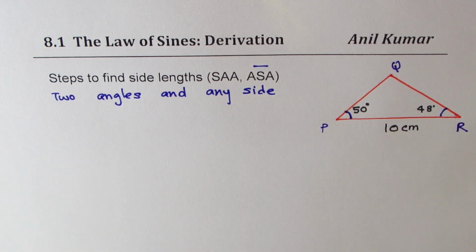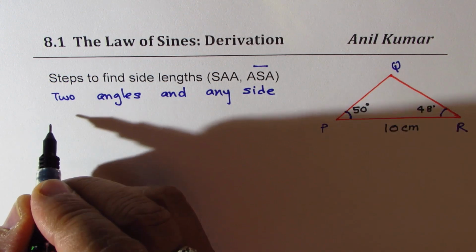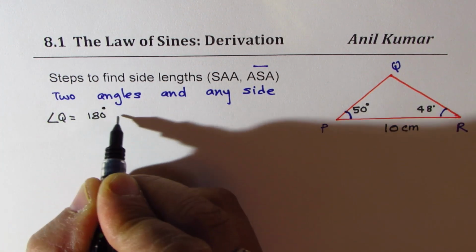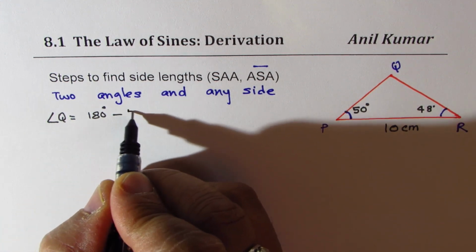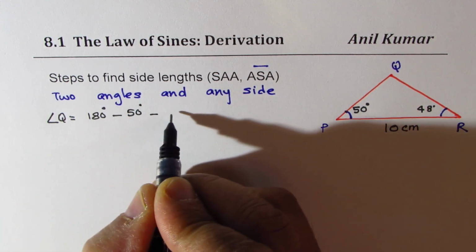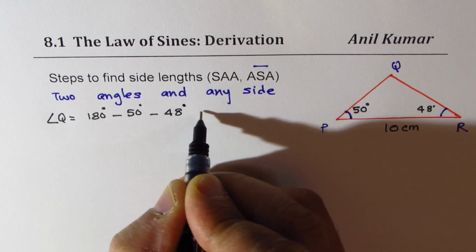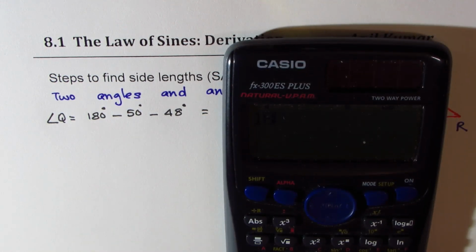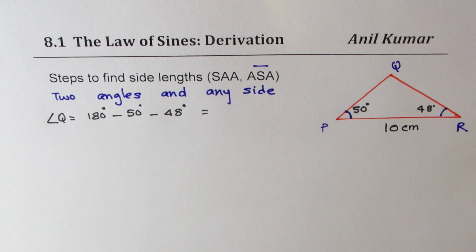So in that case, what is angle Q? The angle Q will be 180 degrees, take away 50 degrees, take away 48 degrees. So we can use a calculator. We have 180 minus 50 minus 48, 82 degrees.